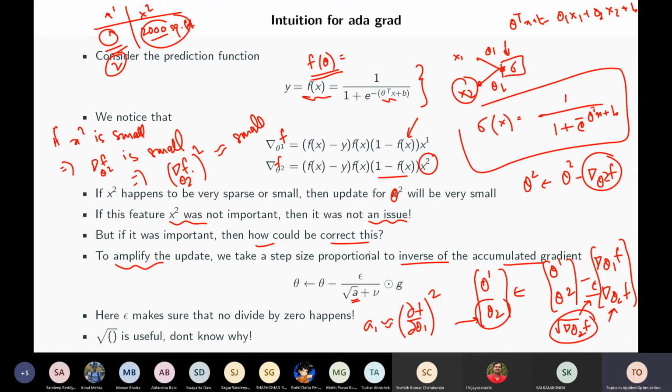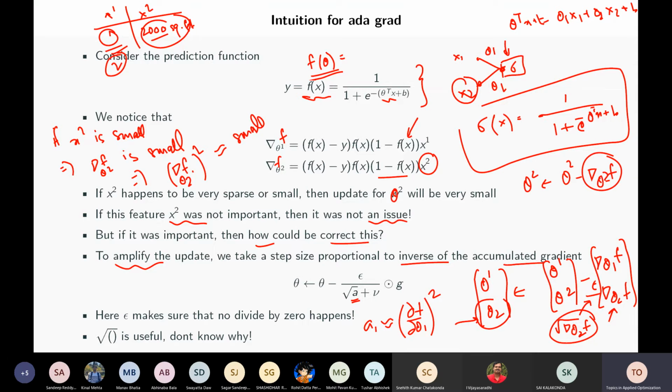So AdaGrad, what is the conclusion? AdaGrad is a good solver to use when you believe that your data scaling is very bad, and some of the feature values are so low, but those features are important for you. You have tried all kinds of mean scaling and whatever, but you still believe that some data is very small.